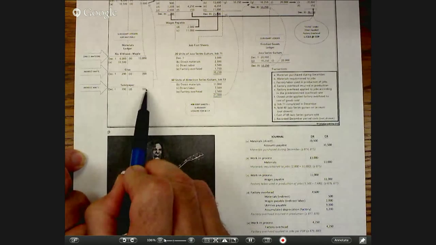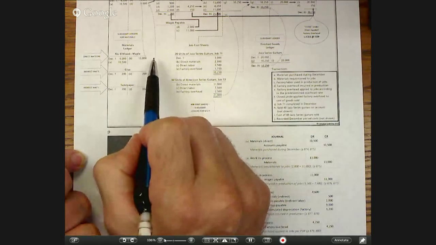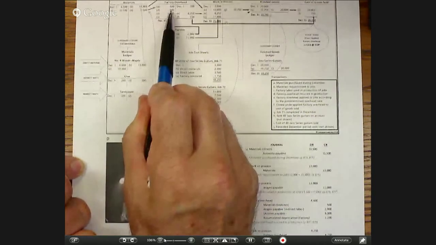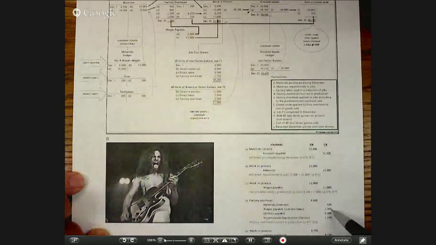These two together would be materials whose cost would be allocated to the factory overhead. Also, there would be $2,000 of indirect wages. This would be like inspection wages, shopkeepers' wages that clean the factory floor, and the work that's done that is associated with the factory, but not exactly working on the guitars.